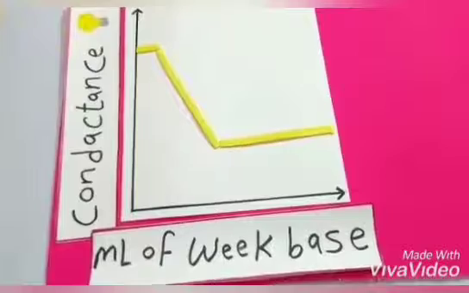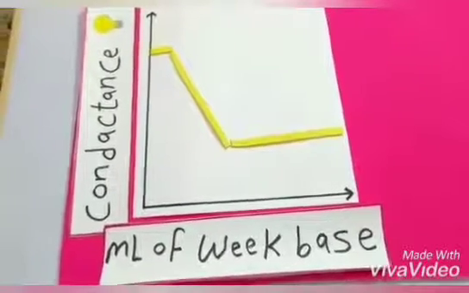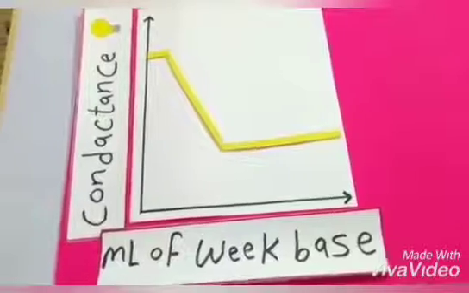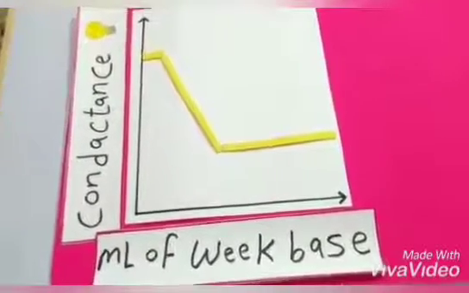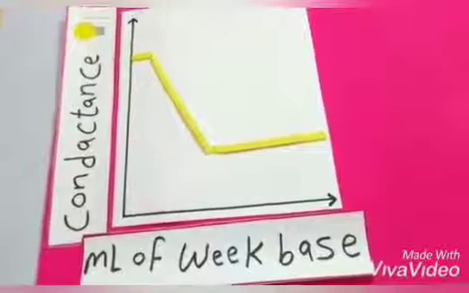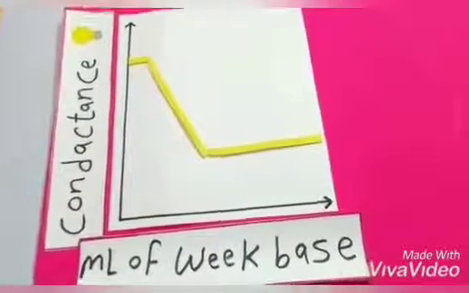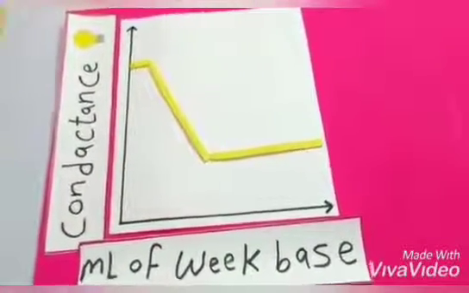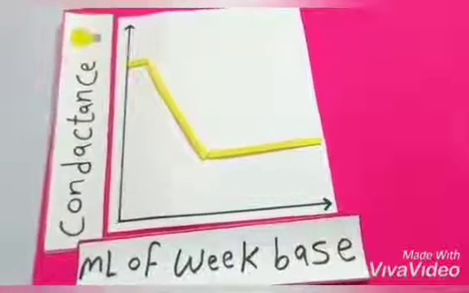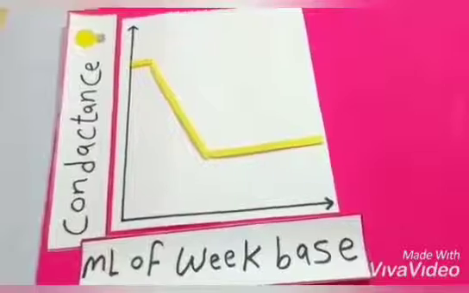After that, formation of water molecule leads to decrease of the conductance. And after that, addition of excess weak base leads to no increase in the conductance, and so the equivalence point becomes part of the titration curve.